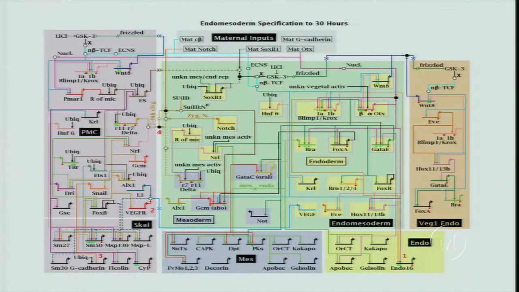And here's a diagram of the various proteins involved. Each one of these little things here is a different protein that is involved in the process. And as you can see, it looks like a complex electrical or computer diagram. And this is to make just one tissue.